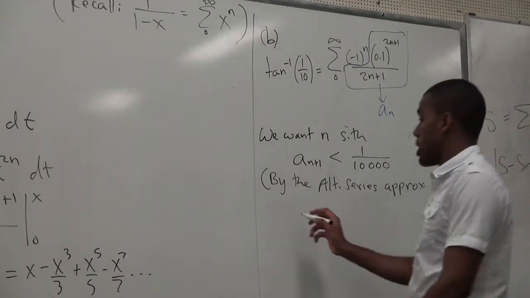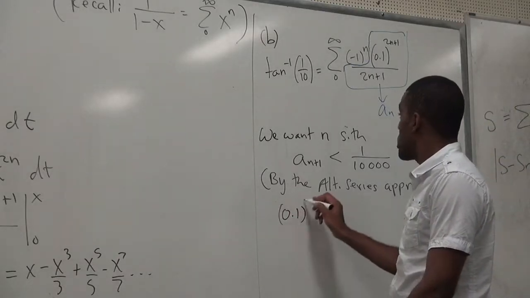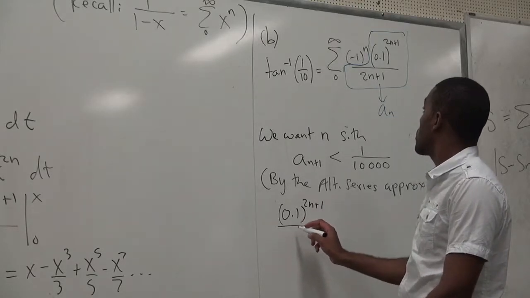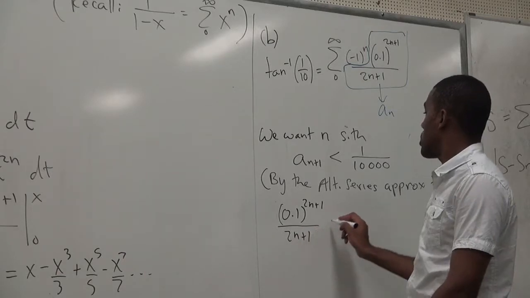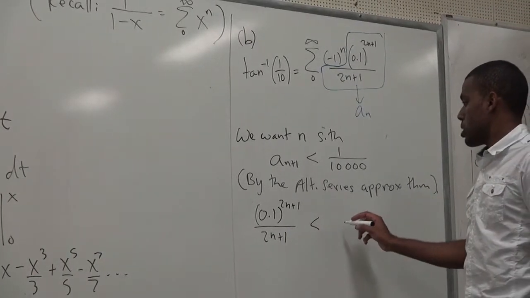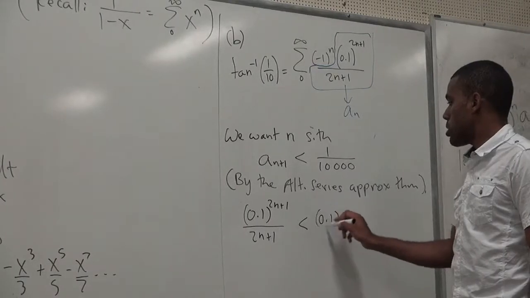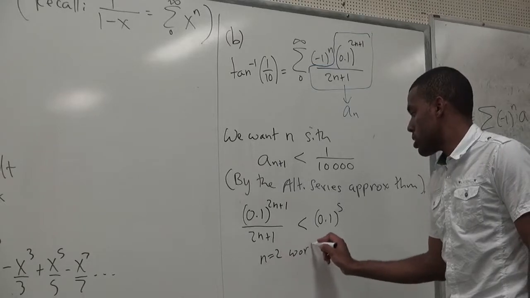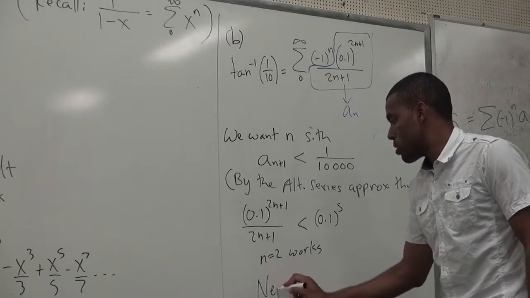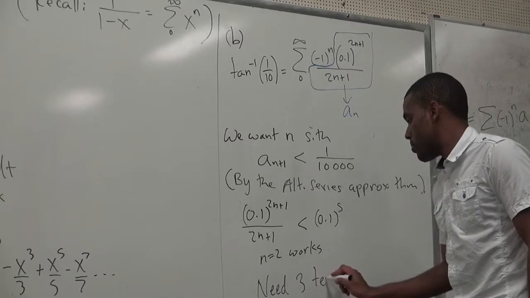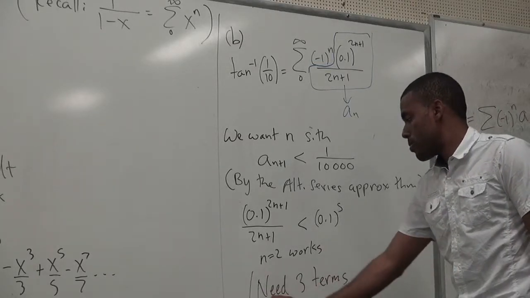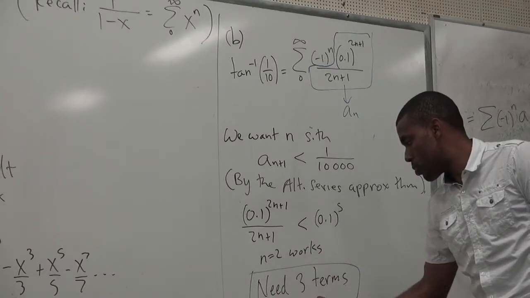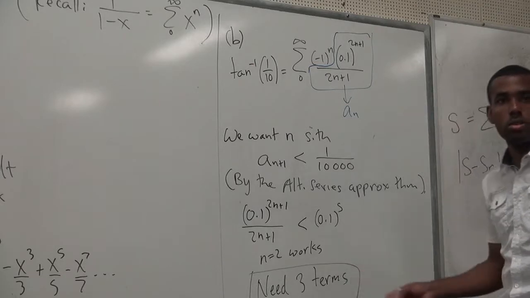So I want 0.1 to the 2n plus 1 over 2n plus 1 to be less than 0.1 to the fifth. So n equals 2 works. So we need 3 terms. That's n equals 0, n equals 1, n equals 2. We need those 3 terms.